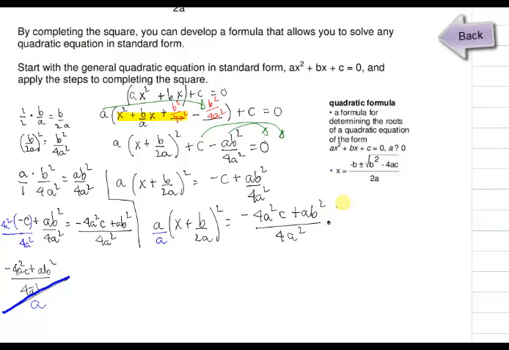So I can just times this by 1 over a. Now on the left I have x plus b over 2a squared equals, and on the right I'm just going to multiply my denominator here by a, so I now have negative 4a squared c plus ab squared over 4a cubed.